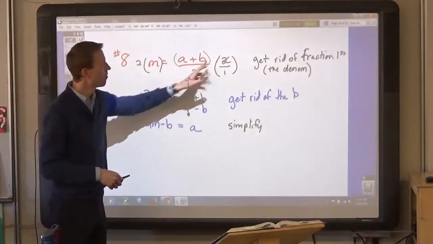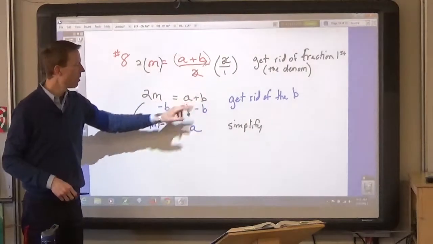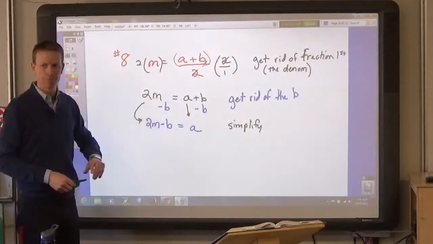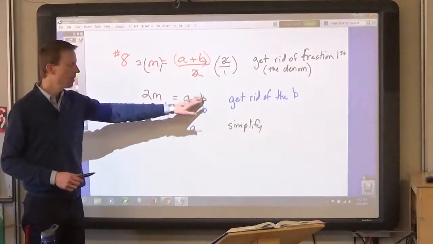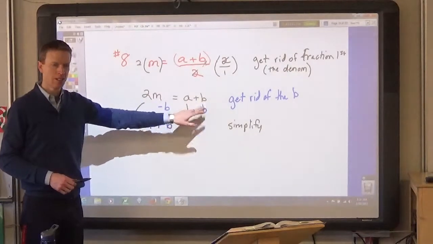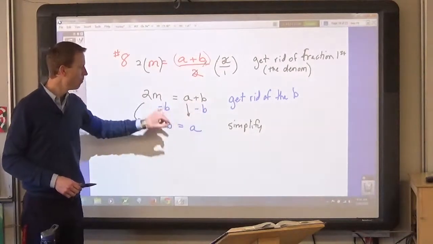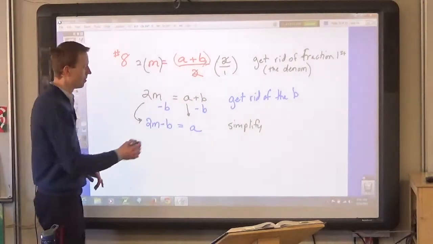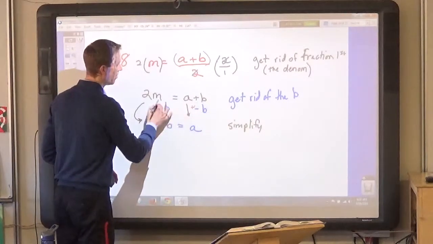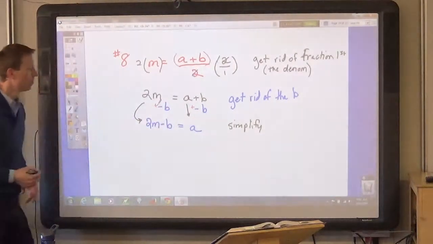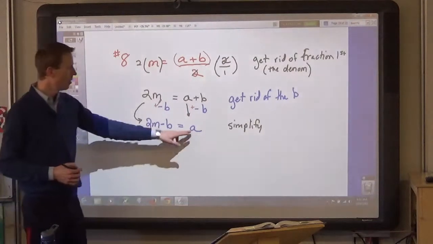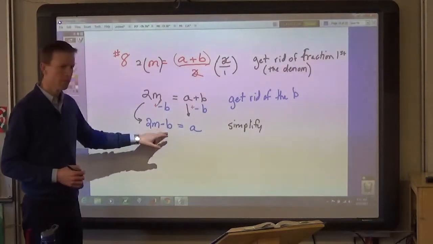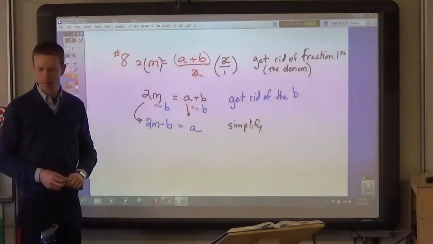Now, once you get rid of the fraction, you just have a plus b equals 2m. Then, it's pretty easy to remove the b on this side. Add negative b. So, a is equal to 2m minus b.